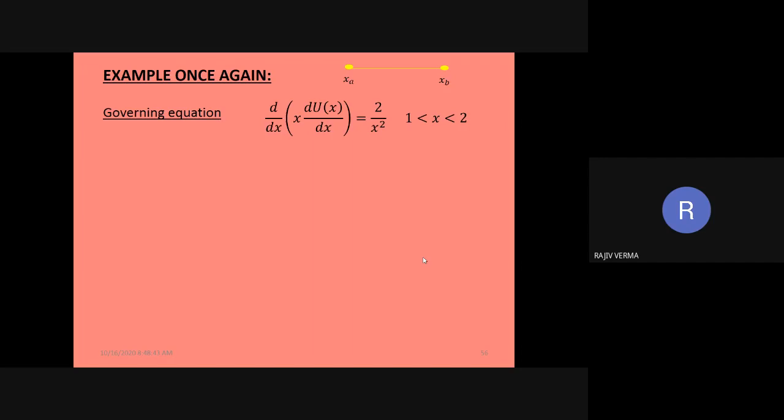So instead of taking the domain from x is equal to 1 to x is equal to 2, I could have very well taken the location of the domain to be at some other point, supposing from x is equal to 10 to x is equal to 11. Still, I'm going to end up with the same solution of u. This you should remember.